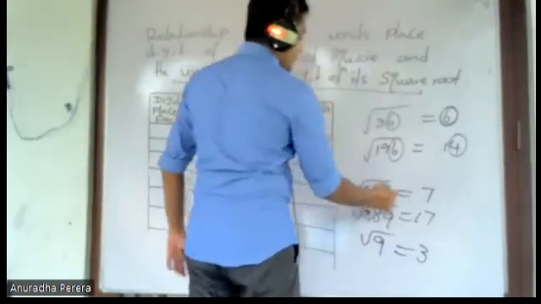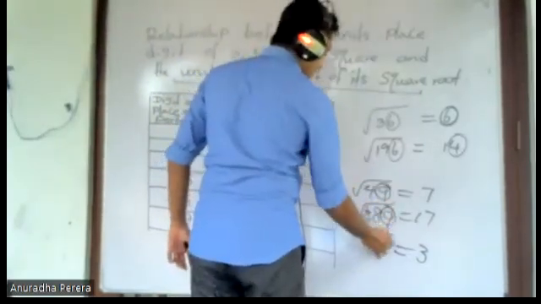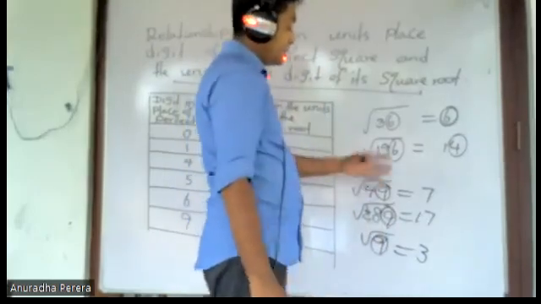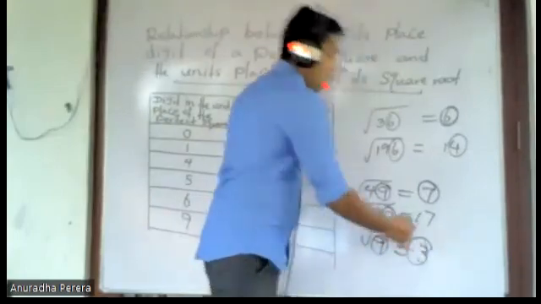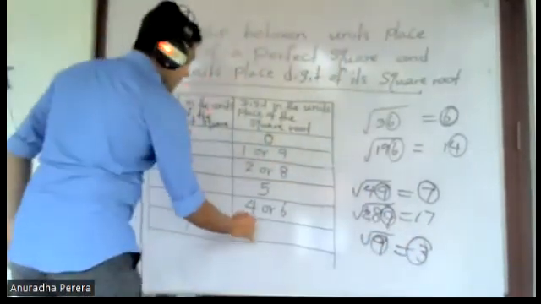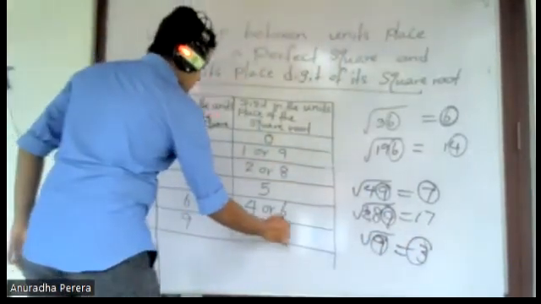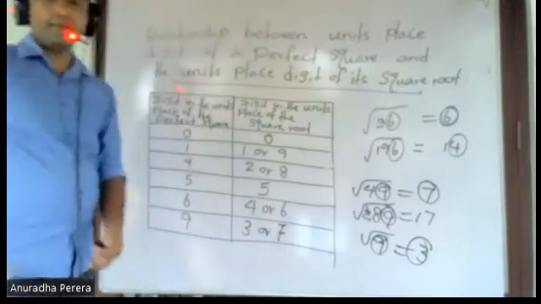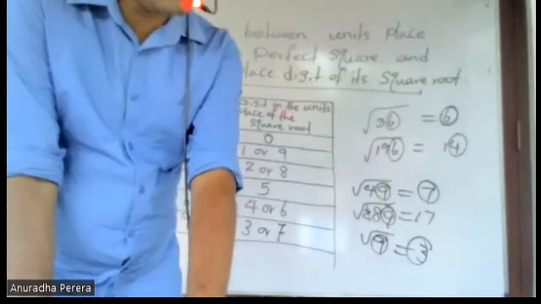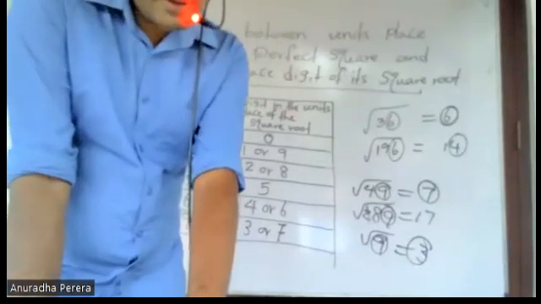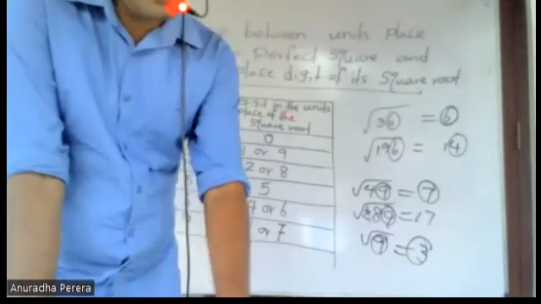When the unit place digit of the perfect square is 9, definitely there are two such values. The unit place of the square root is 3 or 7. Right? Try to remember these somehow, because we need them when we do calculations. Right, write down those in your notes. Write it down.